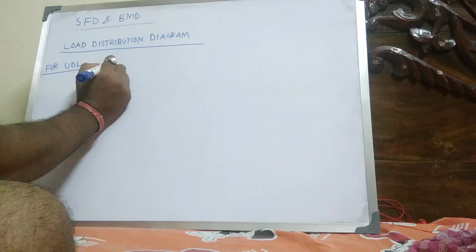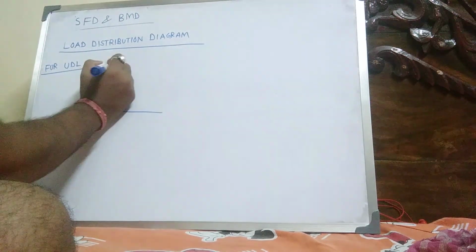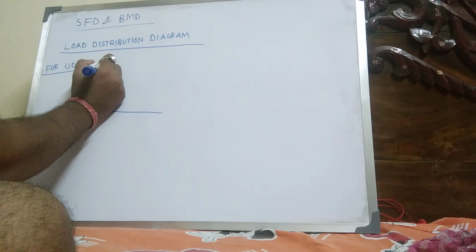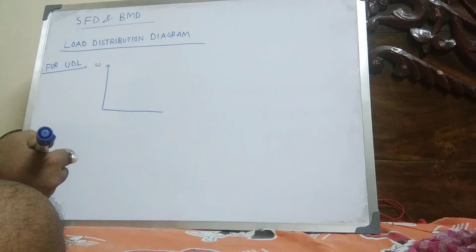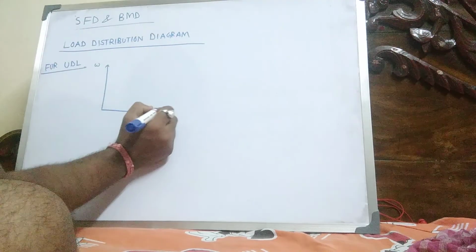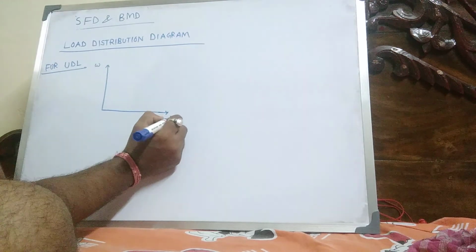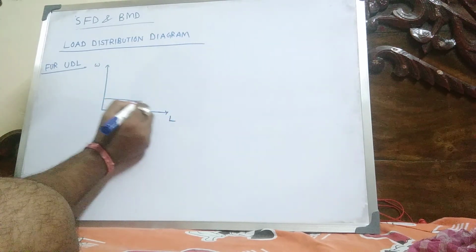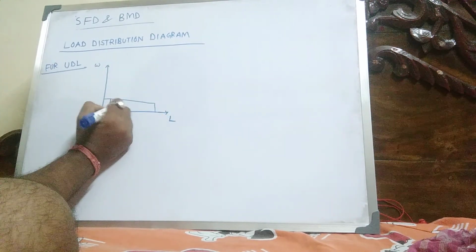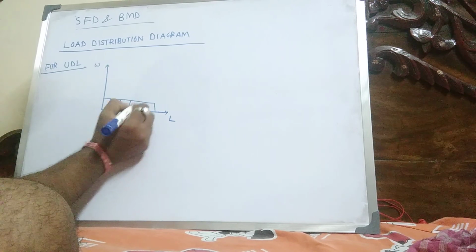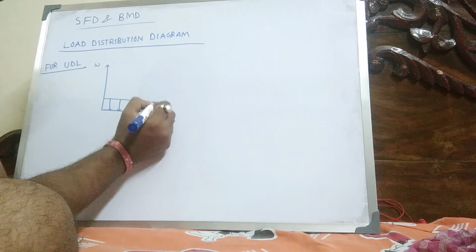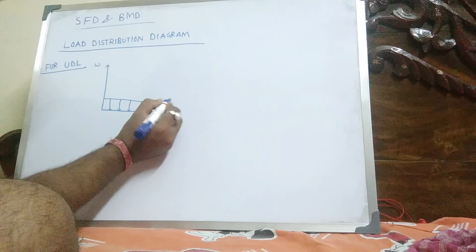For UDL, here small w is the intensity of load versus length, and the diagram is this. This is w, load per unit length.